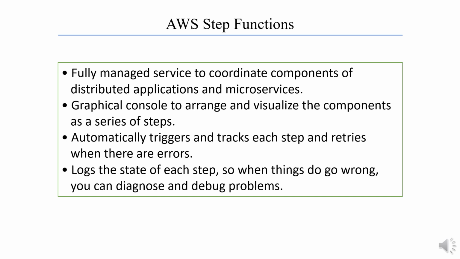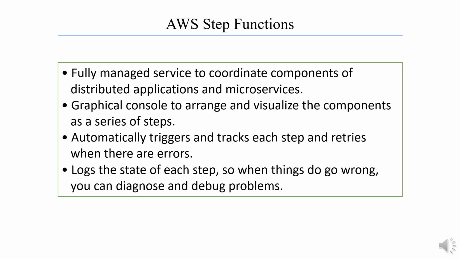It logs the state of each step, so when things do go wrong, it enables you to diagnose and debug problems more quickly. AWS Step Functions helps developers use AWS services to build distributed applications, automate processes, orchestrate microservices, and create data and machine learning ML pipelines.